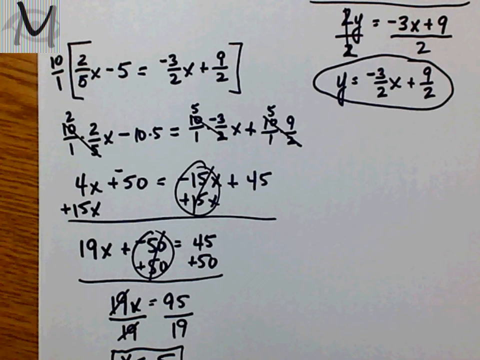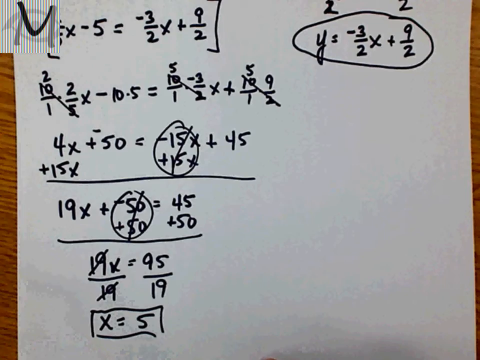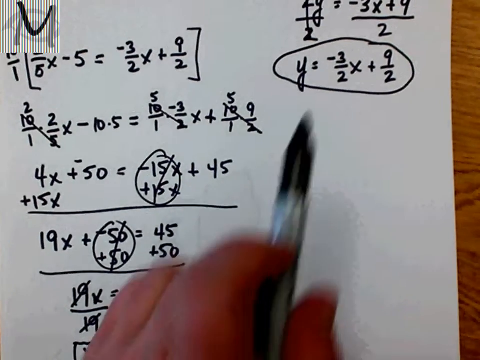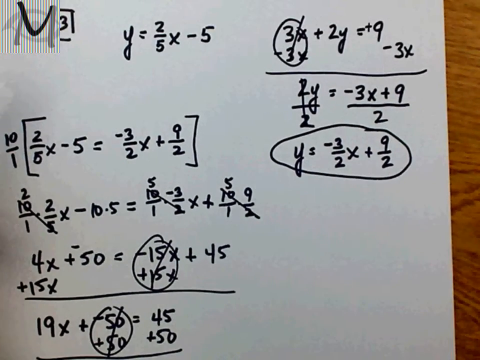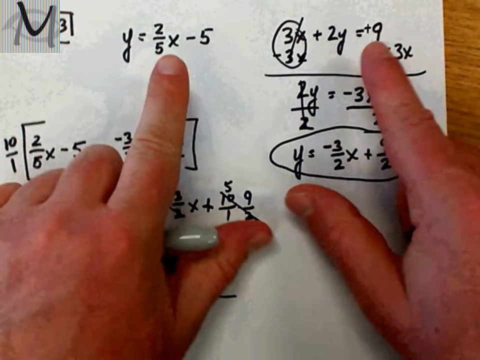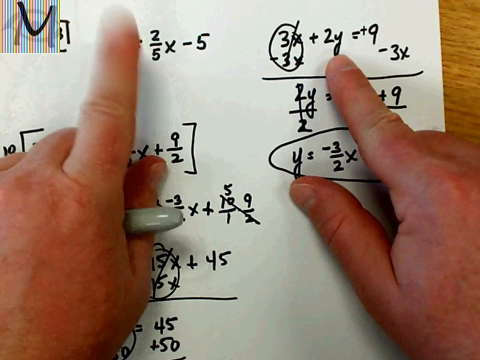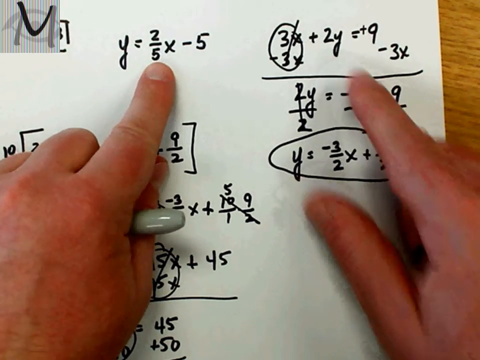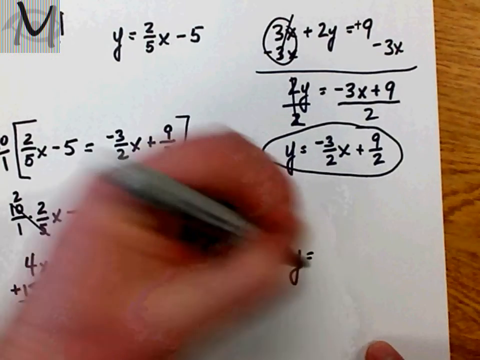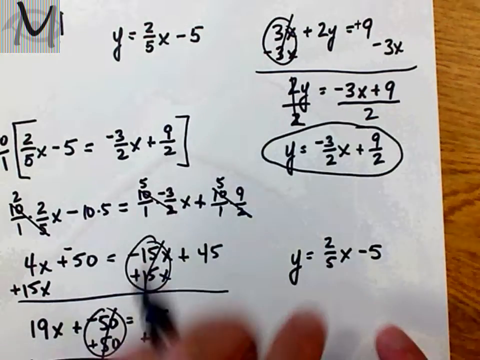Okay, but remember, solving a system of equations means that I have to find the place where the two lines intersect. So from here, I'm going to use one of the original equations, and in this case I'm going to use this equation right here. I can use either one of the original equations, and when I use it, notice that one of the letters is already solved for.